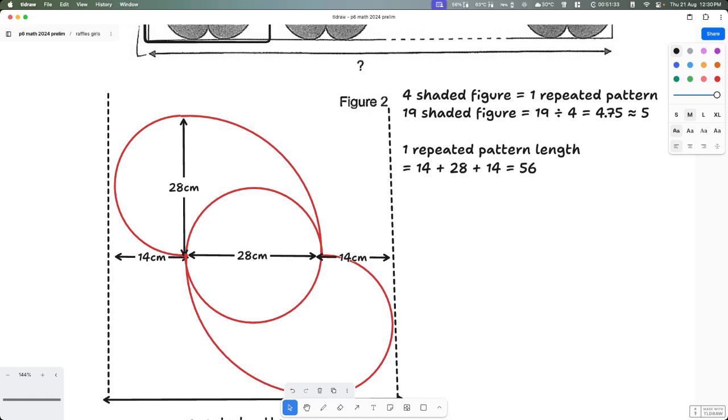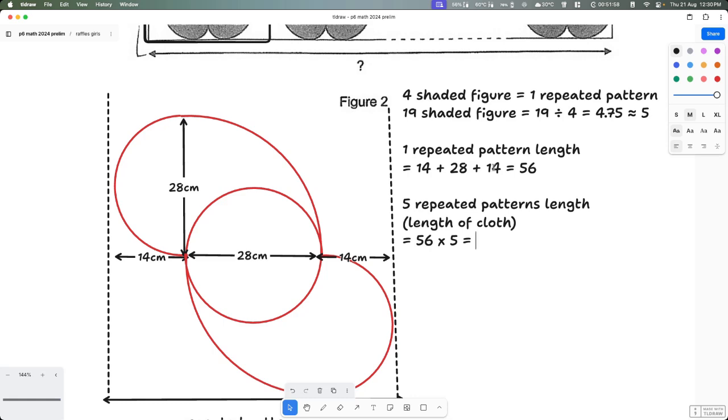So that means 5 repeated patterns length, or the length of the cloth, is equal to 56 times 5.